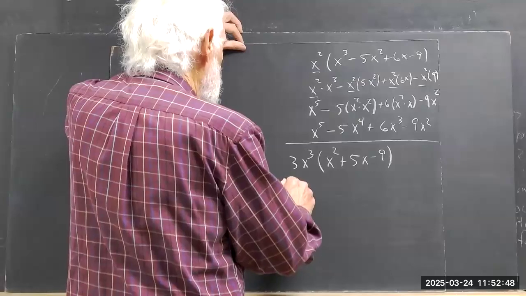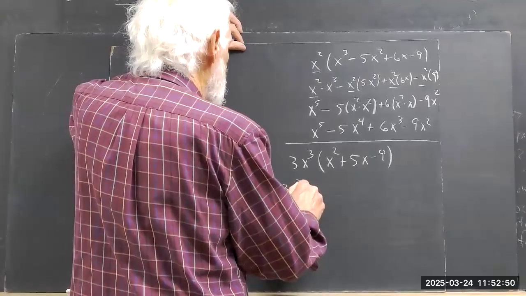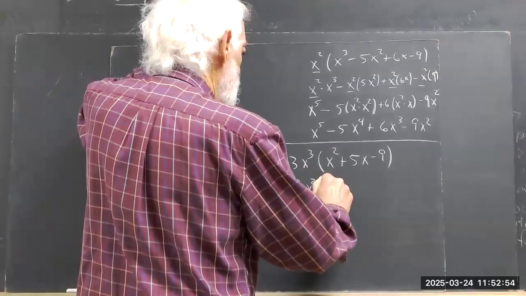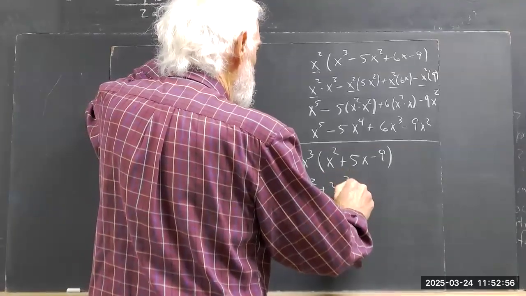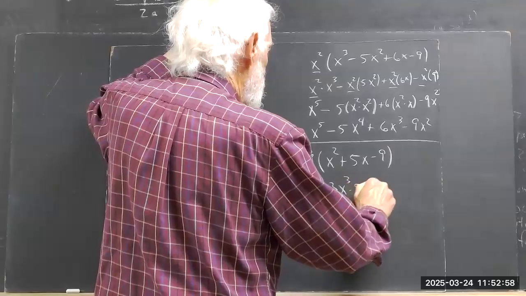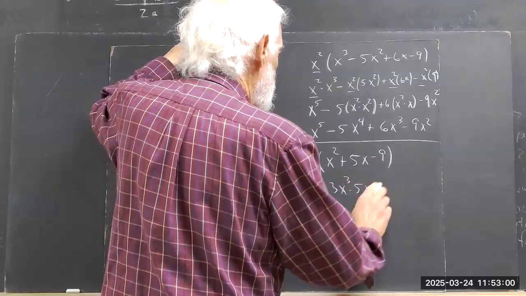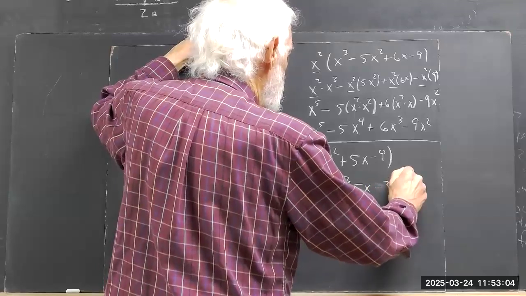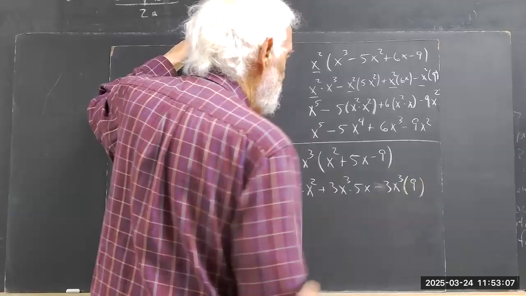That means we're going to have 3x cubed multiplied by x squared, plus 3x cubed multiplied by 5x, I'll say minus 3x cubed multiplied by 9.